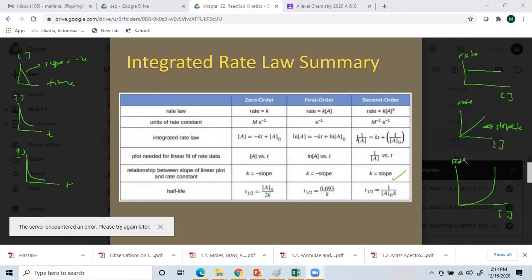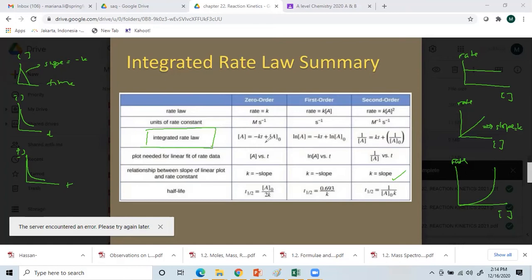Yes, there is another explanation. We call this the integrated rate law. Later on I will explain how to derive the formulas for the zero order, first order, and second order.